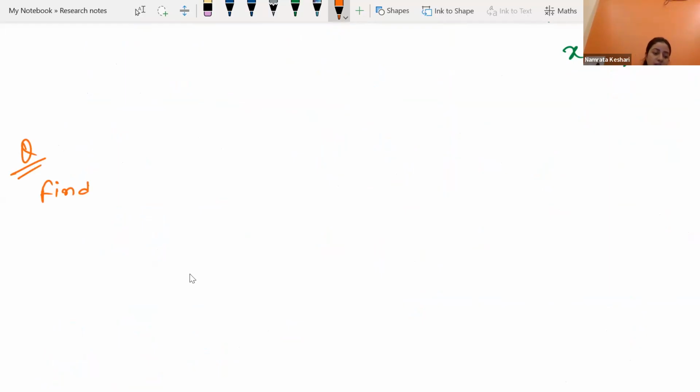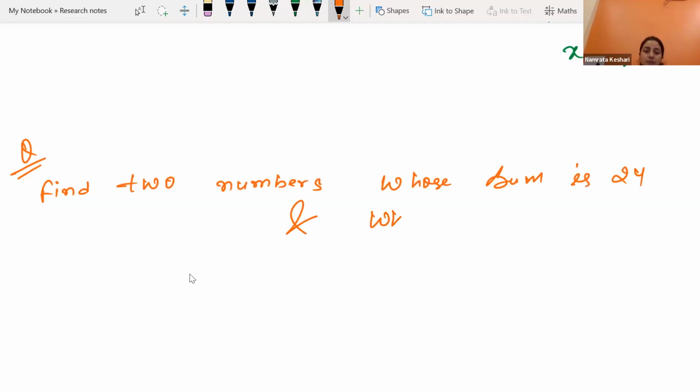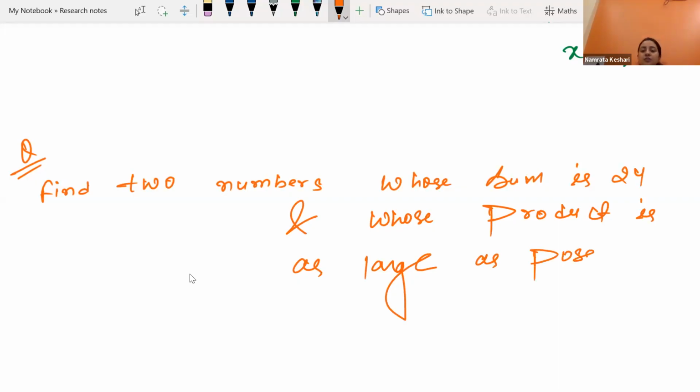So the question will be like this: find two numbers whose sum is 24 and whose product is as large as possible. As large as possible means the maximum we need to find.